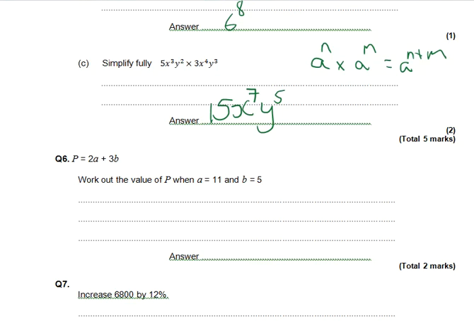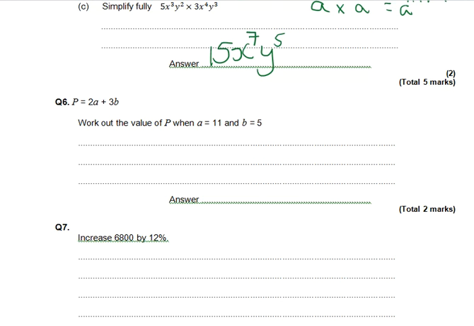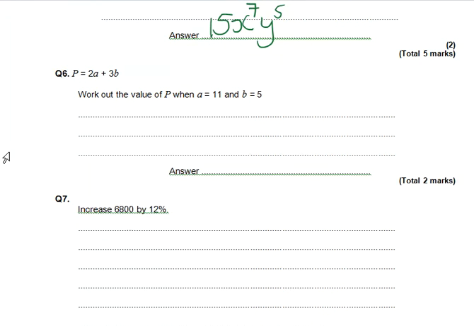Okay, question 6. Work out the value of p when a is 11 and b is 5. So again, we're going to do substitution, and a lot of people want to just jump steps with this. What we need to do is actually make the substitutions first of all.